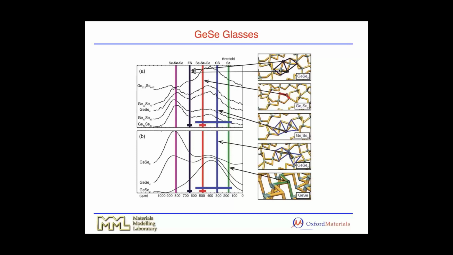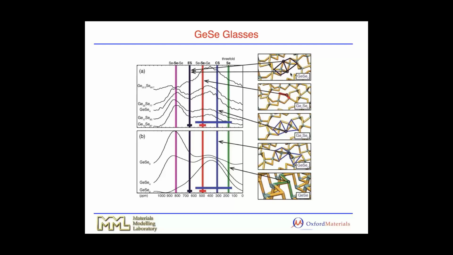And what we had here was a set of snapshots from molecular dynamics, and they captured a range of different environments. This is doing selenium-77 NMR. We have done some germanium NMR, but that's not shown here.